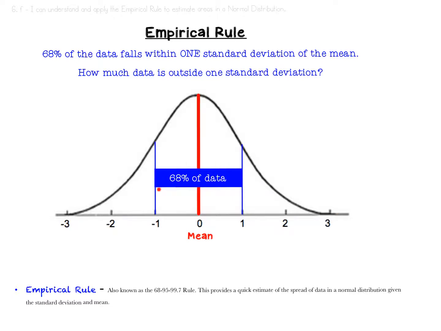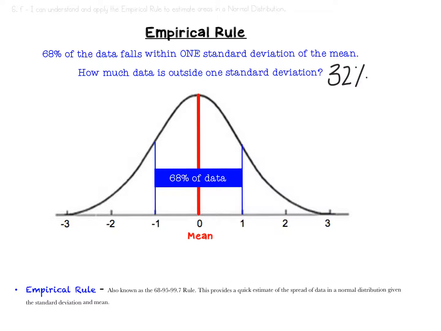If 68% of the data is within one standard deviation, how much data would be outside of that one standard deviation? If 100% of my data is underneath this curve, because it's a density curve, and 68% is here, 100 minus 68 gives me 32. So 32% of my data is outside of one standard deviation.